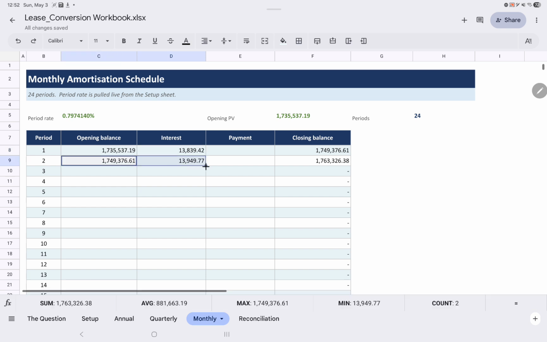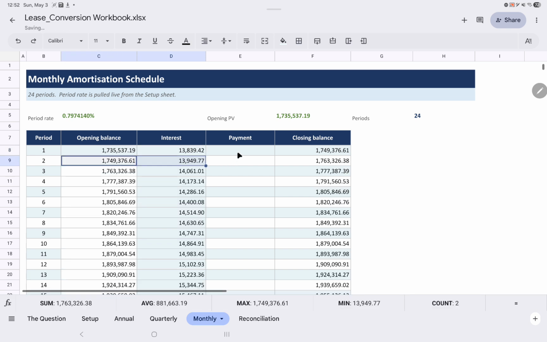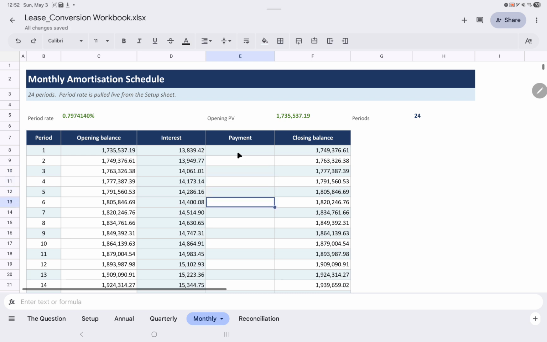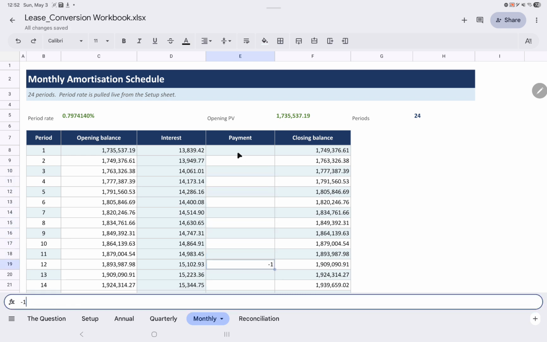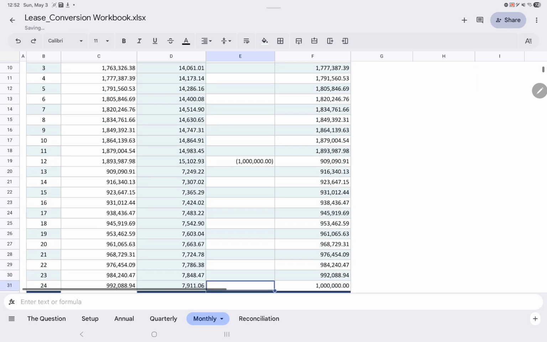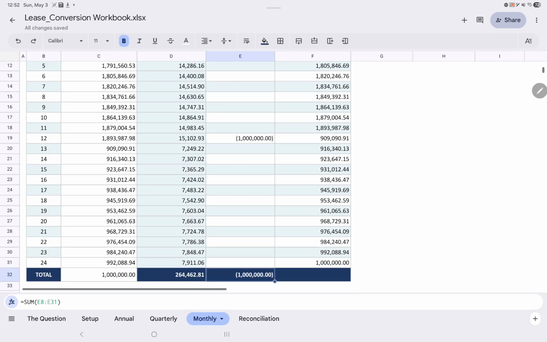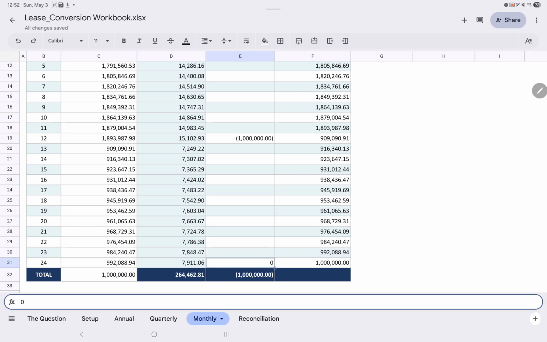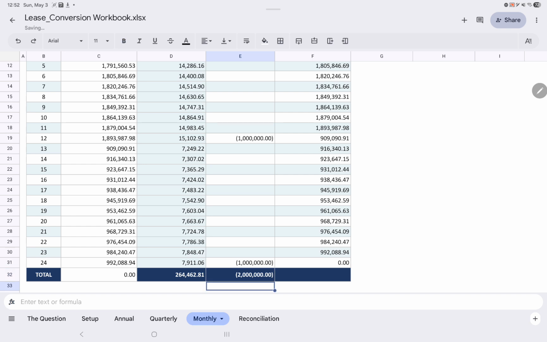And then payment is after 12 periods, so minus 1 million, because after every year, it is the 12th month, at the end of the 12th month. That is the first 1 million, and the next 1 million is at the end of the period.